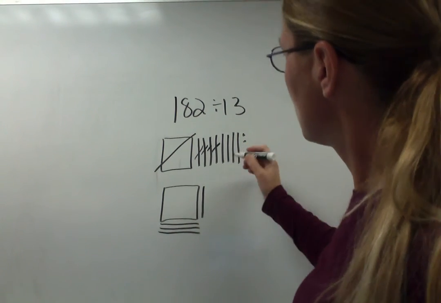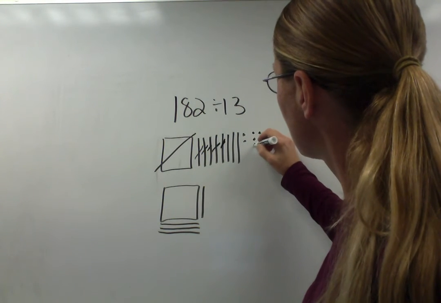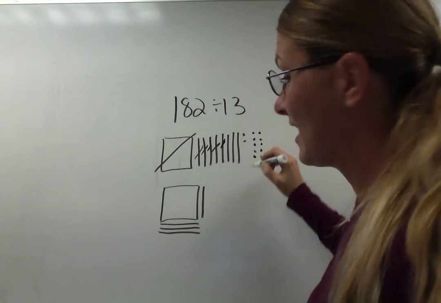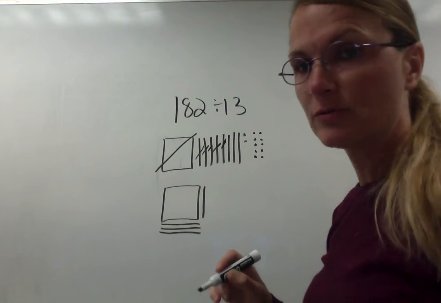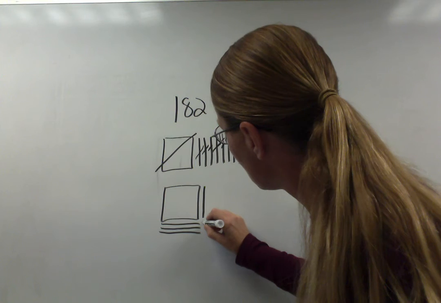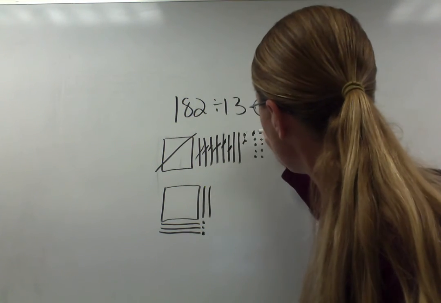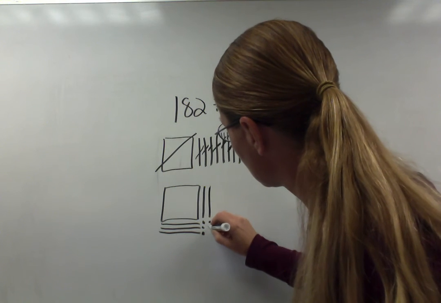So what I'm going to do is take one of these 10s, 1, 2, 3, 4, 5, 6, 7, 8, 9, 10, and turn it into ones that I can use. So now I can take 3 of those, put them underneath here. I'm going to take another 10 and another 3 ones and put it under here.